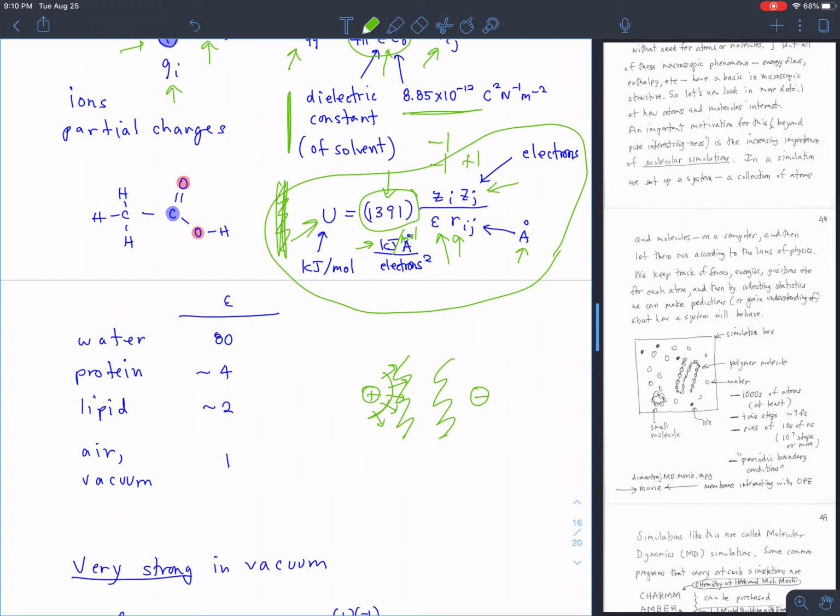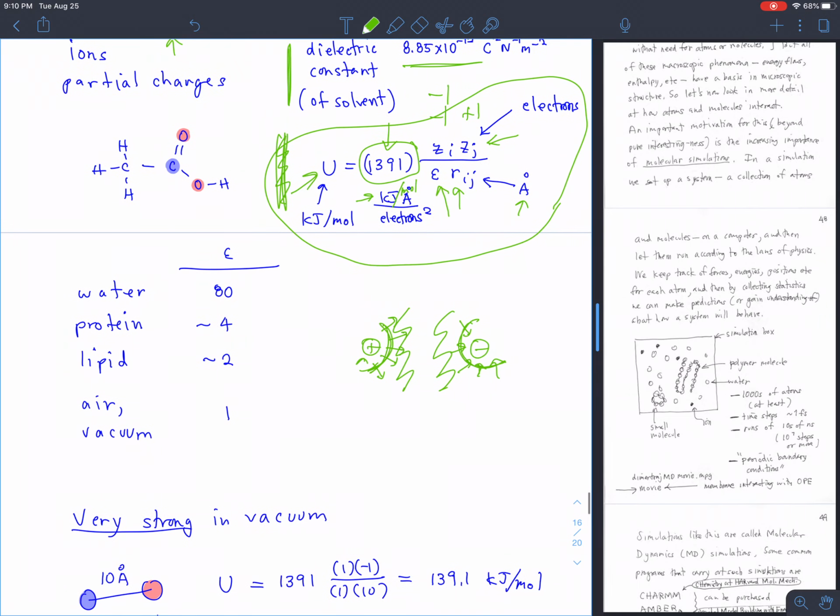So the negative tips of the dipoles in the water molecules will arrange themselves so as to partially cancel this positive charge. And they'll do the same thing over here, but in the opposite direction. All the positive ends of the water molecules will arrange themselves so as to partially cancel that minus charge. And the net effect, the mathematics is kind of tricky and it's not obvious, but the net effect is just to make the interaction a lot weaker.